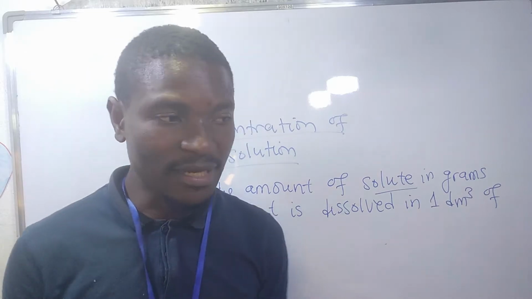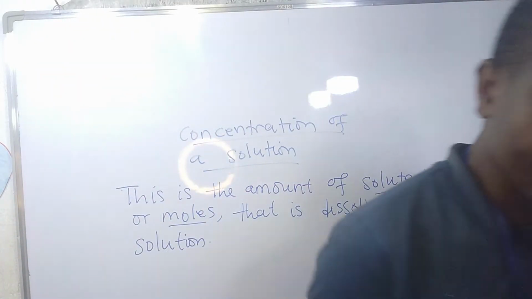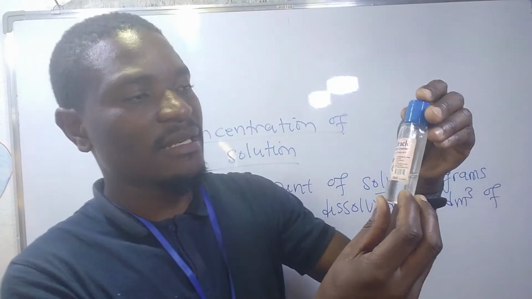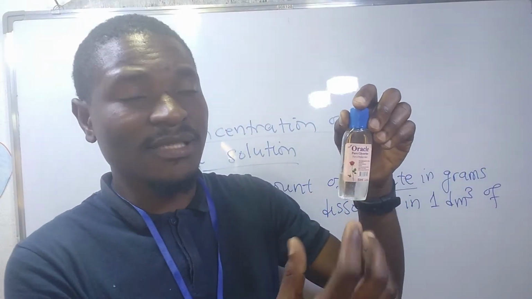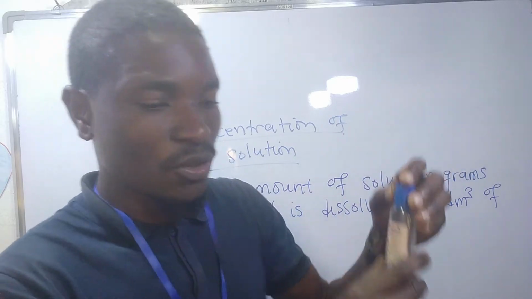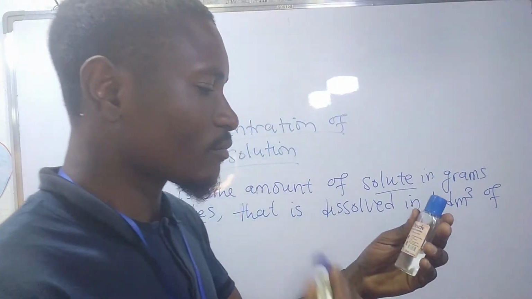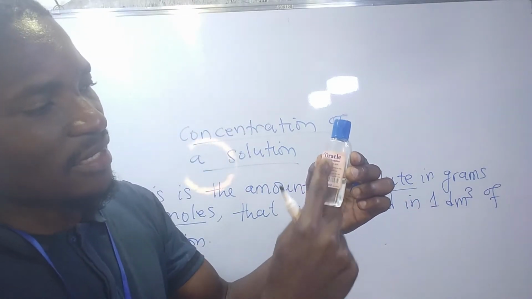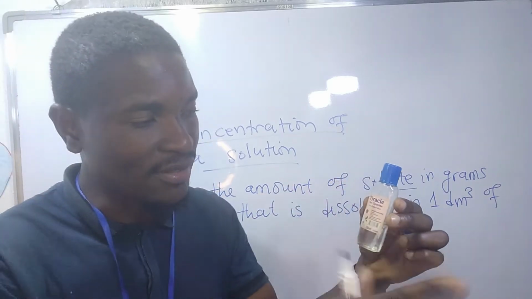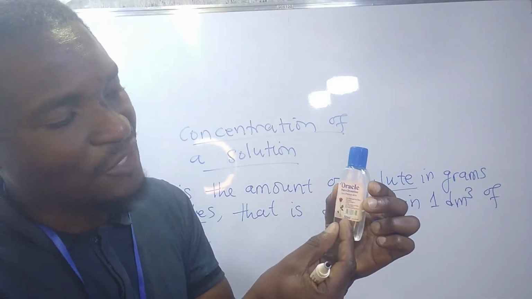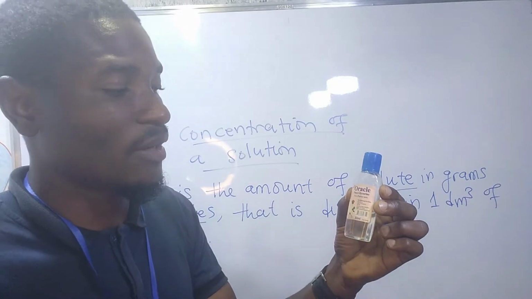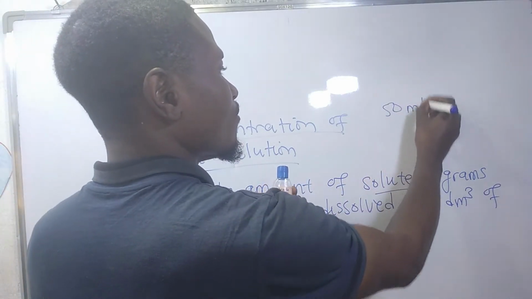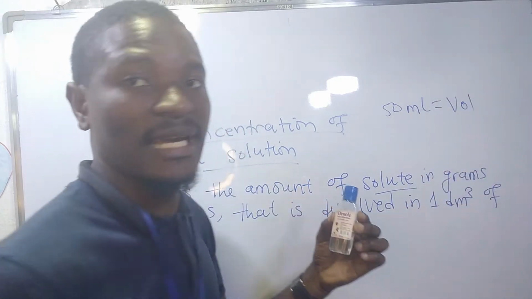For example, I'll give an example. Let's say I get a substance in the form of a liquid. You are going to discover that this is pure glycerin, and it is 50 milliliters, or 50 mils of volume. That is the volume.